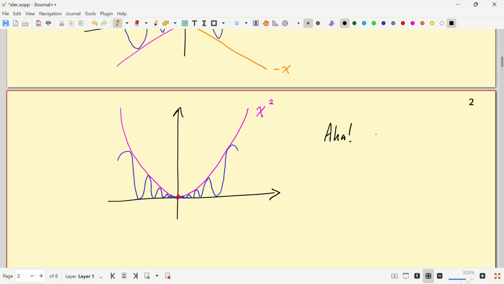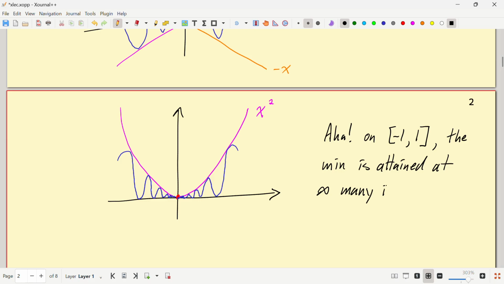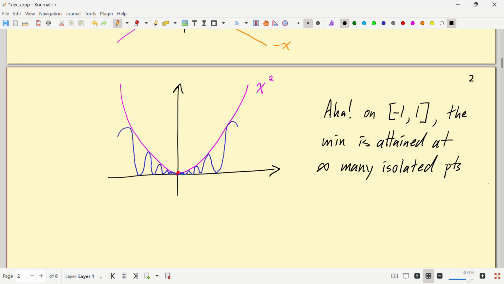Between -1 and +1, the minimum value is attained at those isolated points, infinitely many isolated points, and they pile up at the origin. Let's see, there are infinitely many isolated points that are unequal to 0, and 0 is a cluster point.